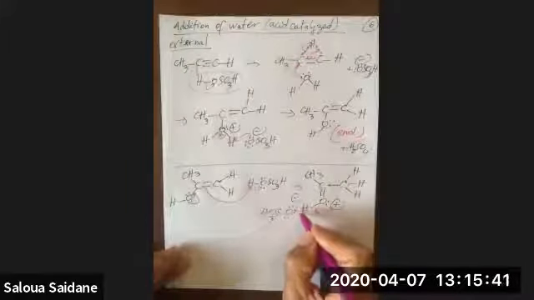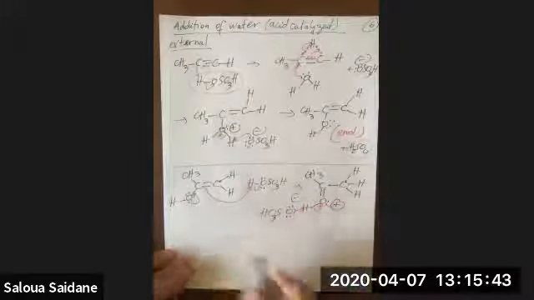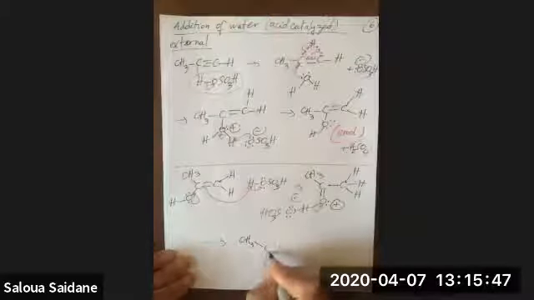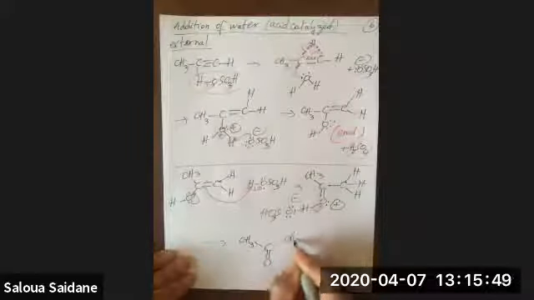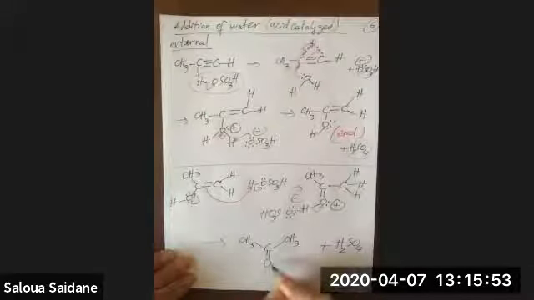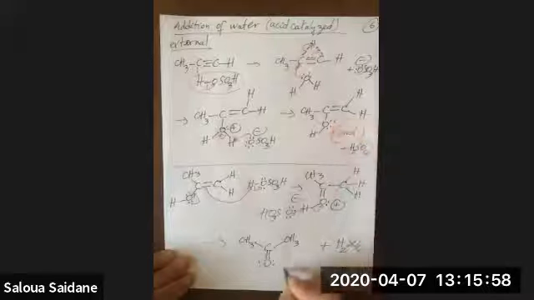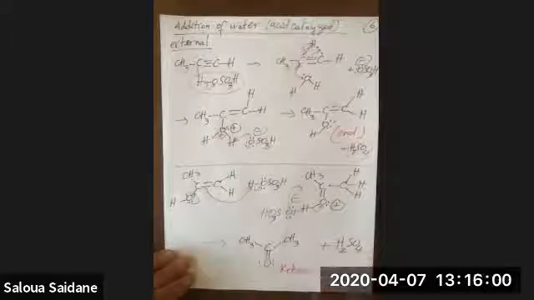We'll grab the H, this opens, and we end up with CH3, CO, CH3, plus H2SO4. So this is an enol, this is a ketone. Okay?